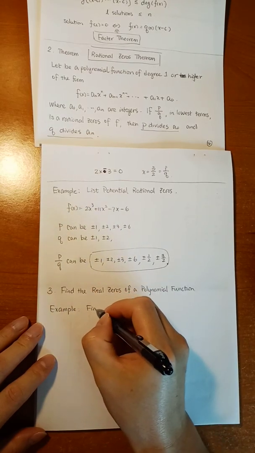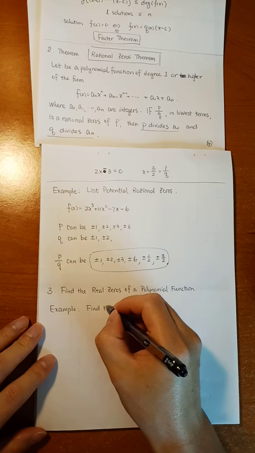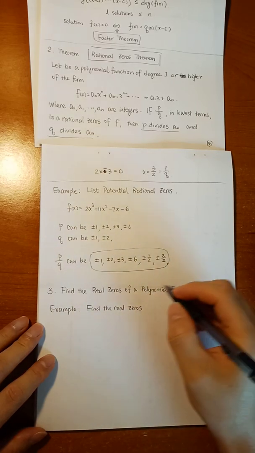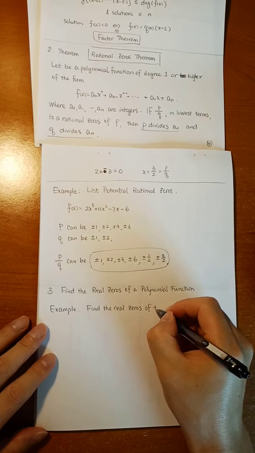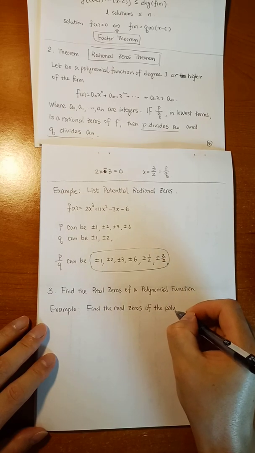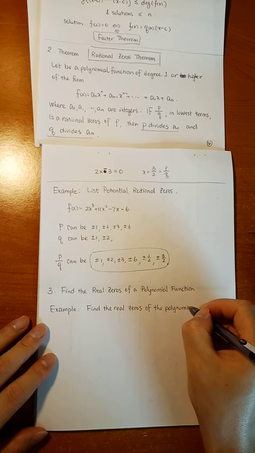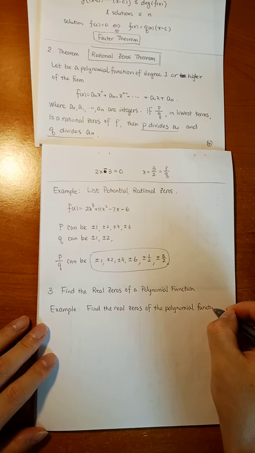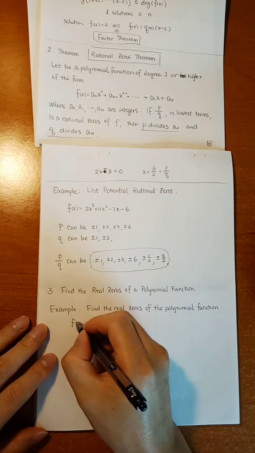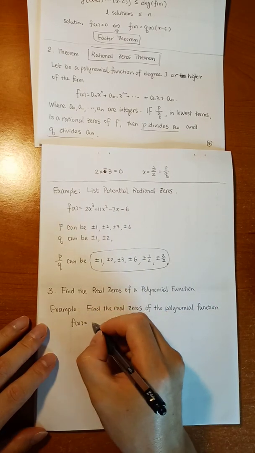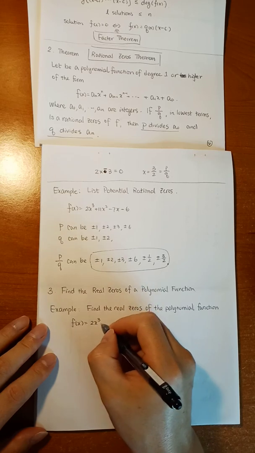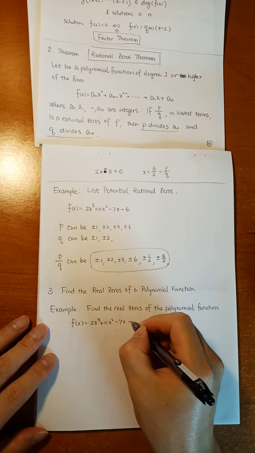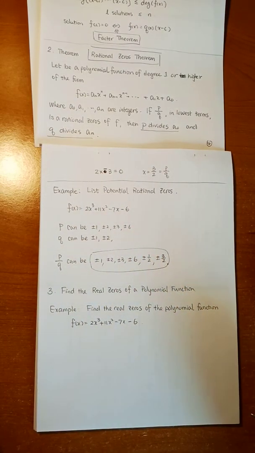Find the real zeros of the polynomial function f(x) equal to 2x cubed plus 11x squared minus 7x minus 6, the same polynomial function.